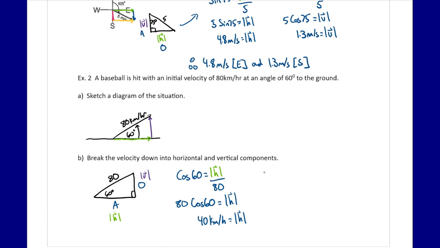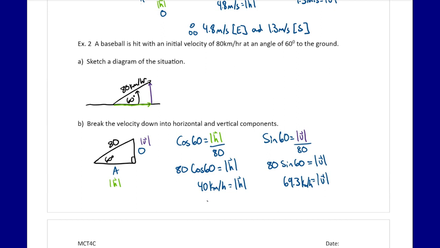For the vertical component, it's going to be sine. So sine of 60 is equal to the vertical component divided by 80, the hypotenuse. Bring the 80 up. 80 sine 60 equals the vertical component. And I get a vertical component of, say, 69.3 kilometers per hour.